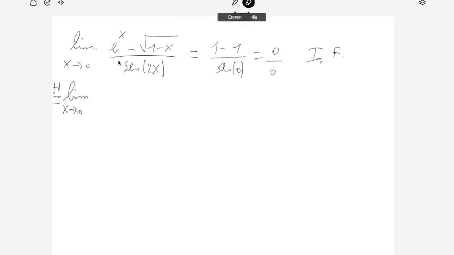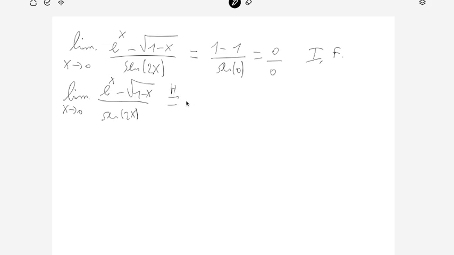or better, the limit of our function is equal, applying the L'Hopital to this limit. So the derivative of the exponential is the exponential.